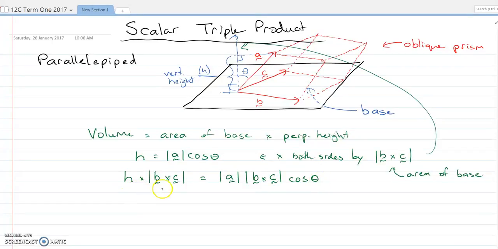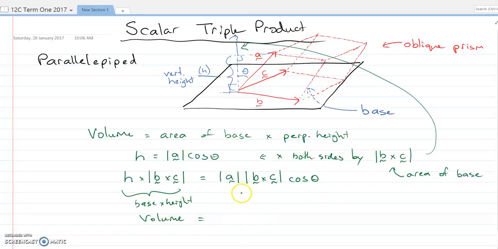Okay, so on the left side, now I've got the height times the base. This is base times height. So this is the volume of my parallelepiped.